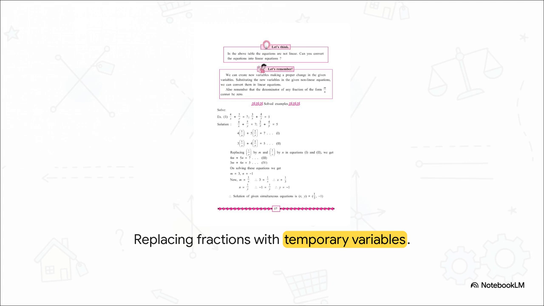Immediately, our complex problem transforms into 4m plus 5n equals 7. Look at that, a completely familiar linear equation. We then solve for m and n, finding that m equals 3 and n equals negative 1. But remember our crucial step 4? Resubstitute. Since m is 1 upon x, that means 1 upon x equals 3, which makes x equal to 1 upon 3. We have successfully unmasked the final answer.